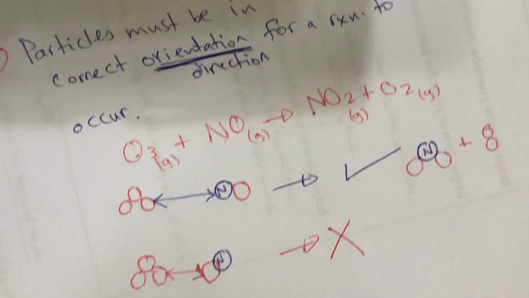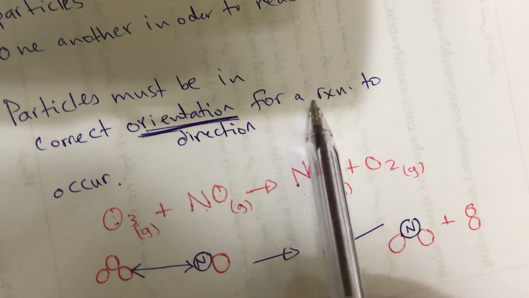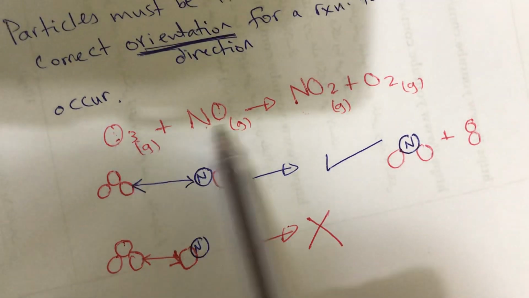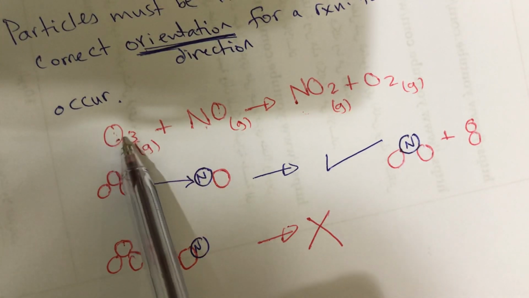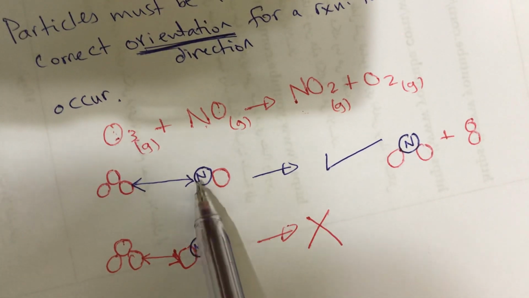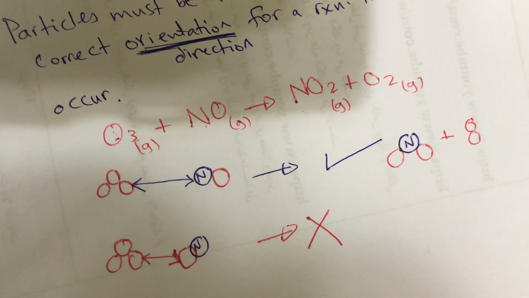So particles must be in correct orientation for a reaction to occur. Again, nitrogen must collide with oxygen from ozone to produce nitrogen dioxide. In the first case, nitrogen collides with oxygen, so nitrogen dioxide forms.